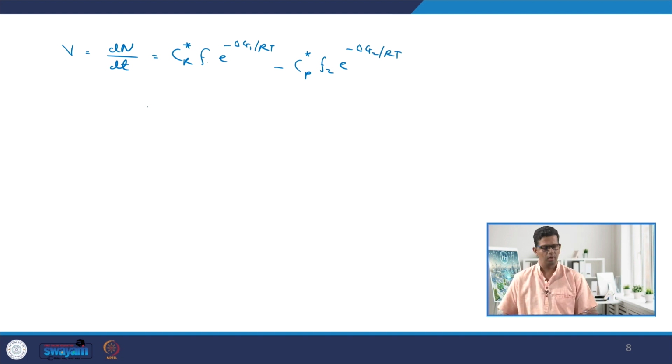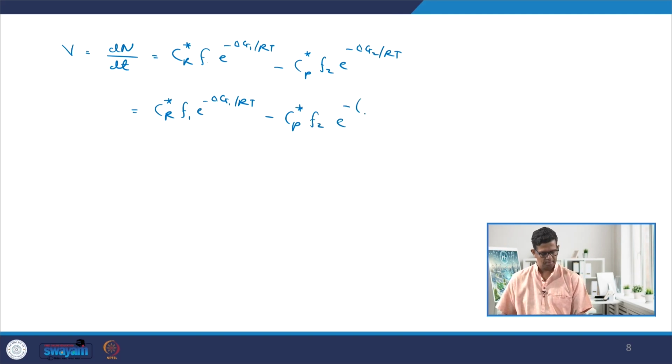Let us substitute for delta G2, which is delta G1 minus delta G reaction, by RT.